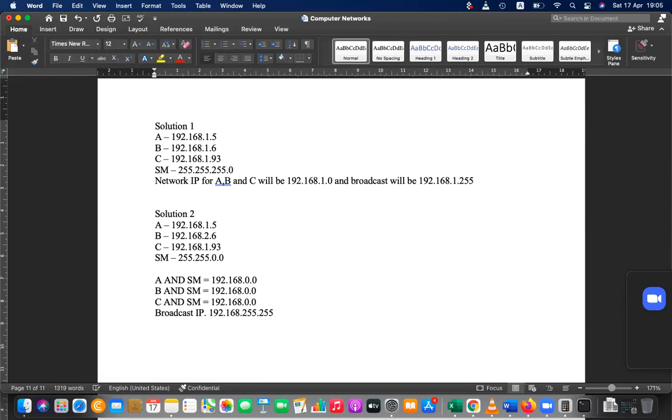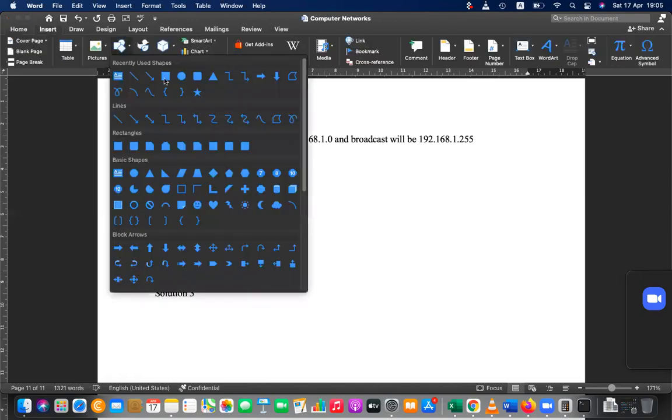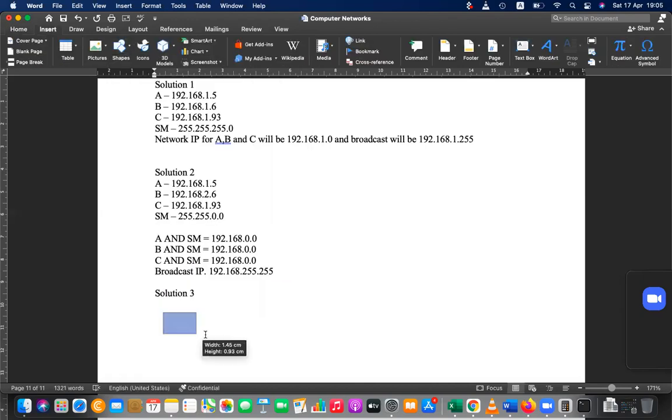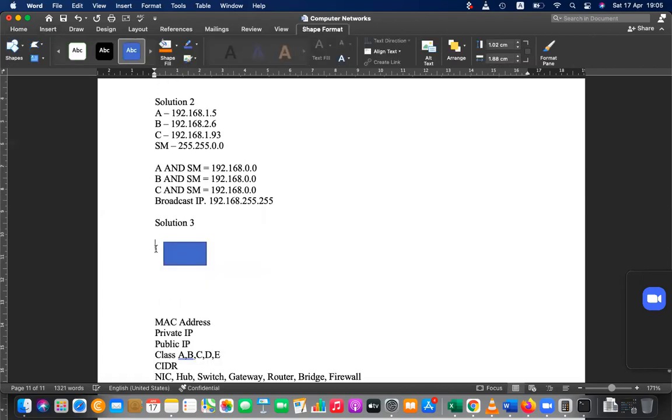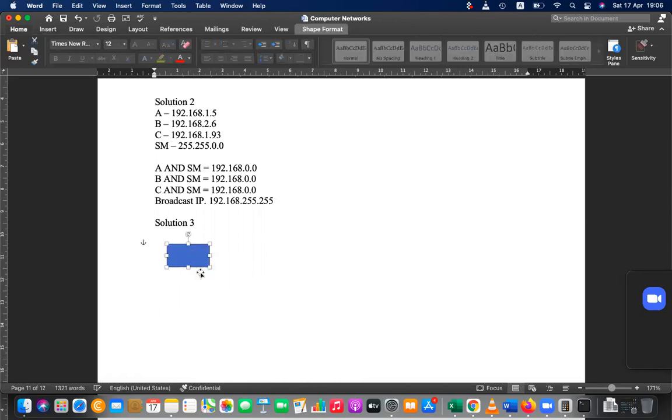Solution 3 is, what you can do, you can keep A and C connected via a switch. So let's draw this as a diagram. This is the A computer. This is B computer, and this is C computer. We have 3 computers.